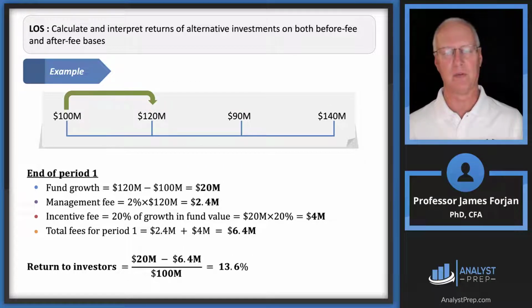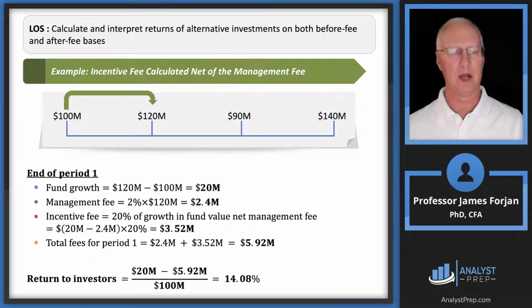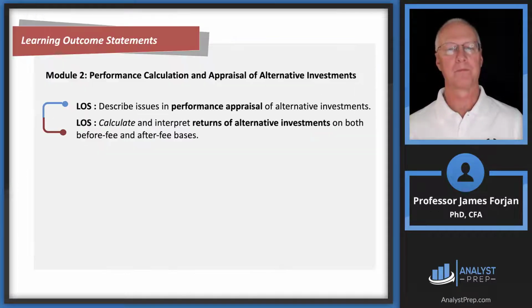There's the 13.6 that we did with before fee base, and then now we've got the 14.08. So clearly that benefits you as the investors, and it not punishes me, but it reduces my return. And that takes us through the 2 learning outcome statements for Module 2.